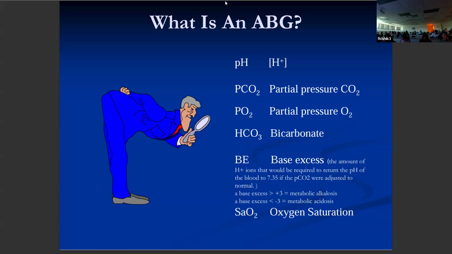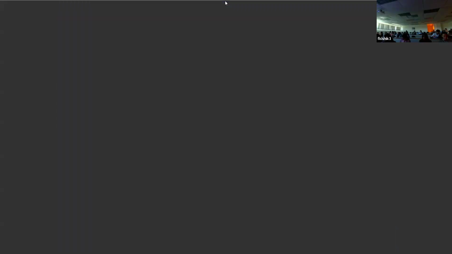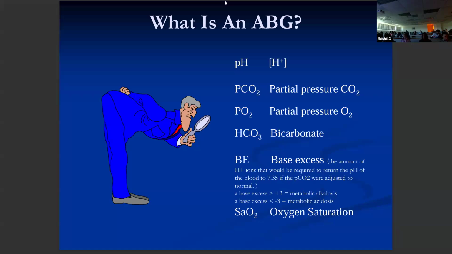So if I tell you that somebody has a base excess of +3, they have a what? And if they have a -3, you have to take away 3 hydrogen ions to bring them back up to a pH of 7.35.